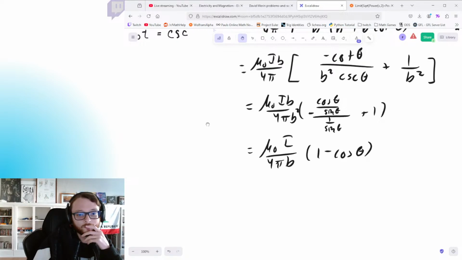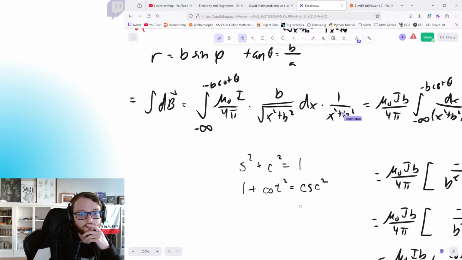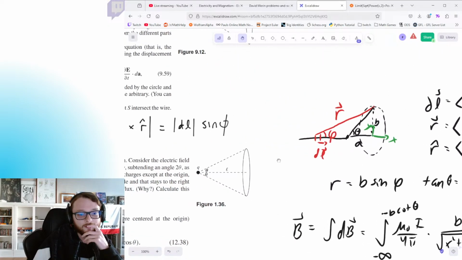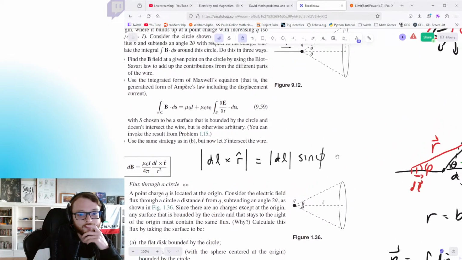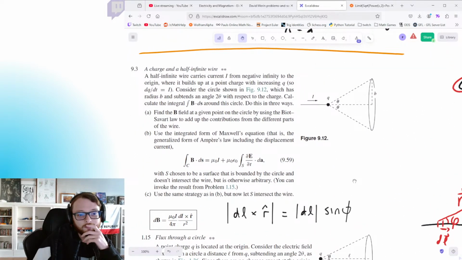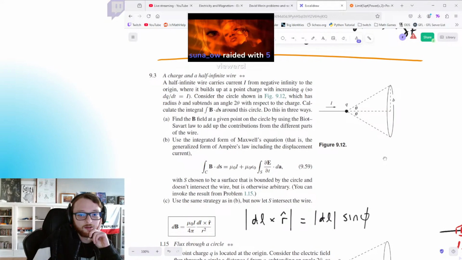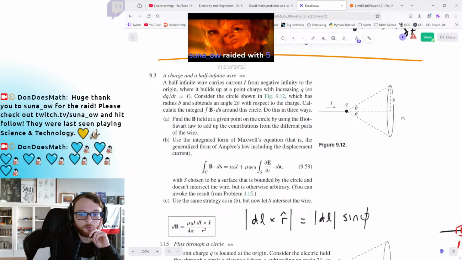If theta approaches 0, we get 0 because we're very far away. So that seems reasonable. You're saying that our circle's very far away from the wire. If theta's 90, it's like we're going right to the middle of the circle. Yeah, it's like a normal Ampere's law.